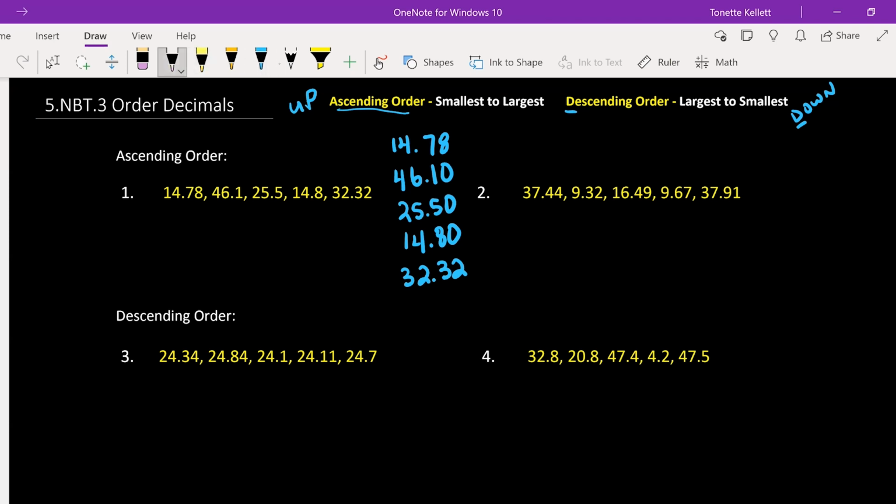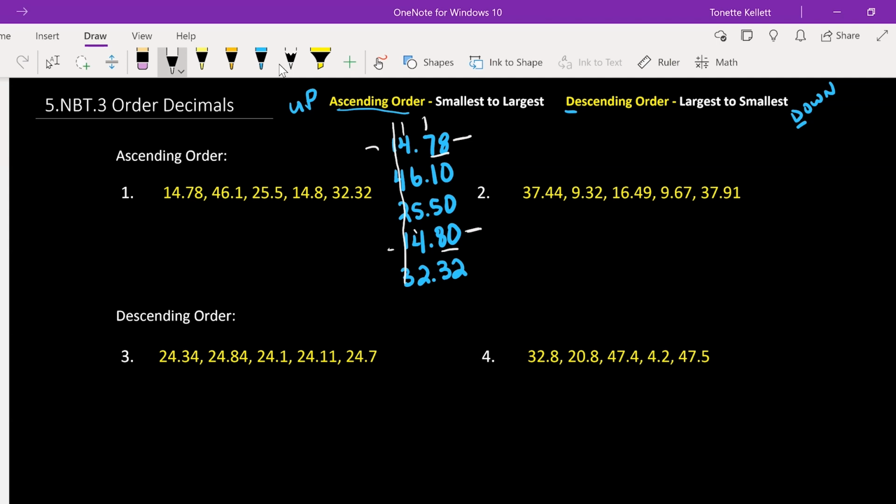Now, let's just take a look at these, starting to compare, going from right to left, ascending order. I have 2 in the 14th place. So 2 14s right here. 14.78 and 14.80. The 1 and the 4 are the same.